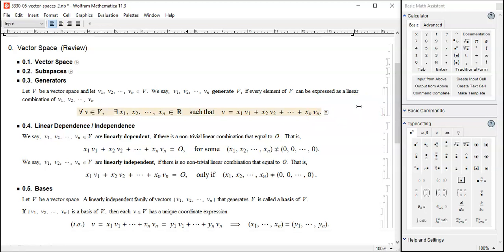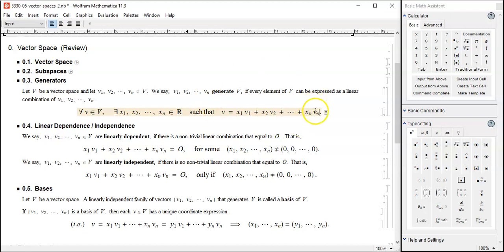It'll turn out that there's no way we can generate three-dimensional vector space with just two vectors. For example, if you have R3, then e1 and e2, 1, 0, 0 and 0, 1, 0, that's not enough. You need the third dimension.